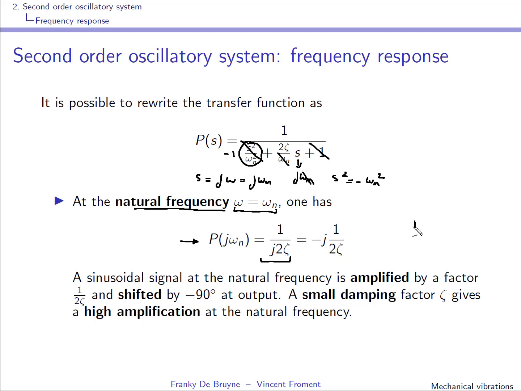1 over j is equal to minus j. Okay, this you remember from your course on complex calculus. So you obtain this quantity, and what you see here is that there will be amplification, and there will be an amplification that will grow when zeta, the damping factor, is getting small.